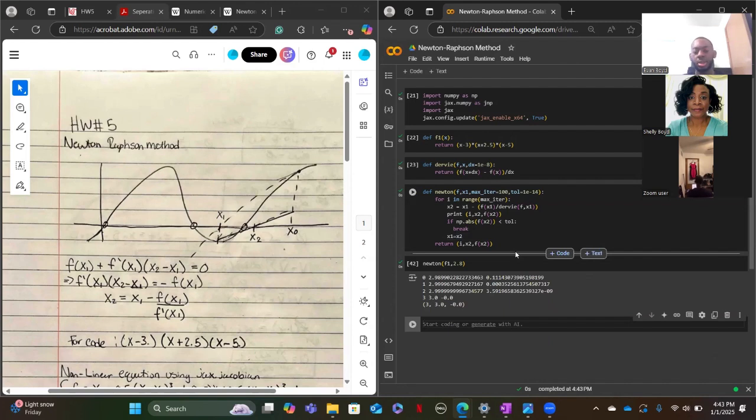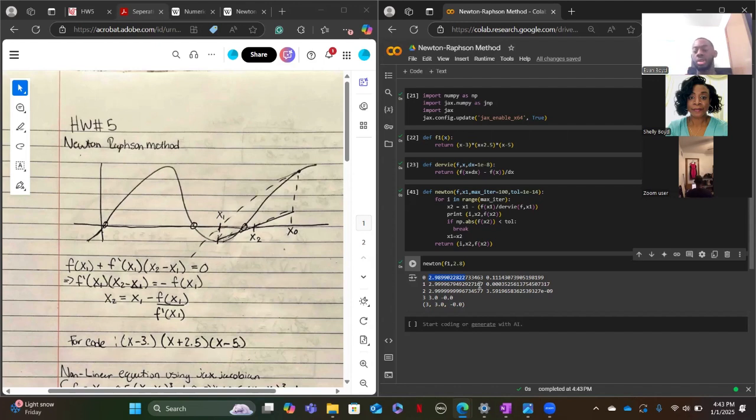So as you see here, 2.8 is our initial guess. We get our first root approximation of 2.98. Then our second one would be 2.99. And it keeps getting closer and closer to 3 until the fourth iteration, because we go 0, 1, 2, 3. So we went 4 iterations.